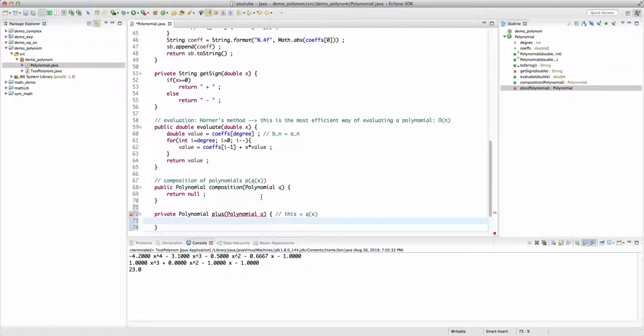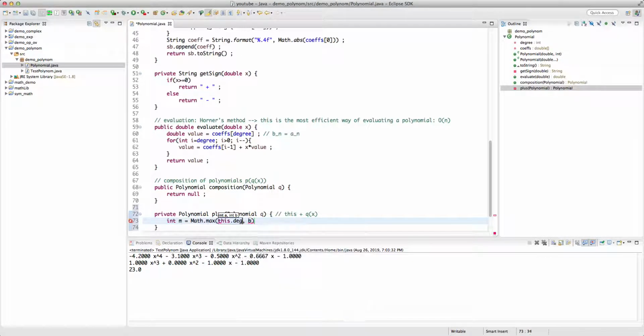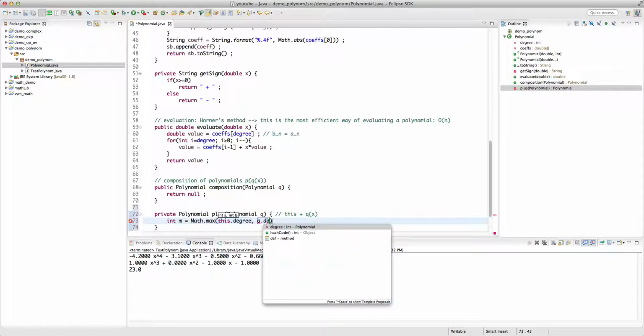And what we are going to do is create an integer n or m, for example, which is Math.max of this dot degree and q dot degree.